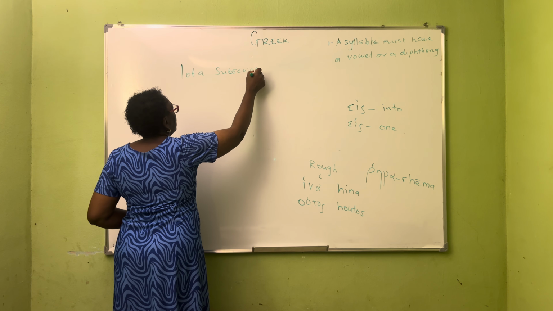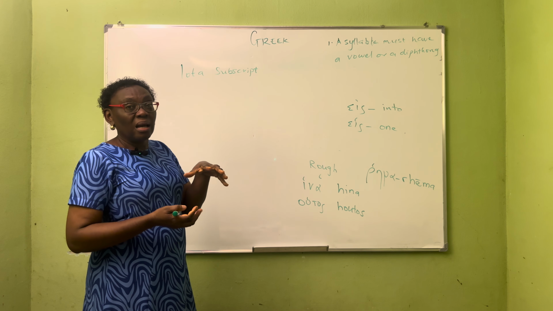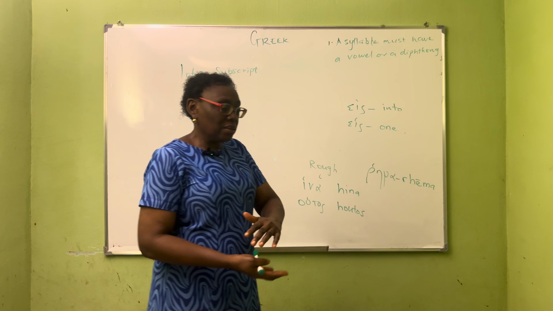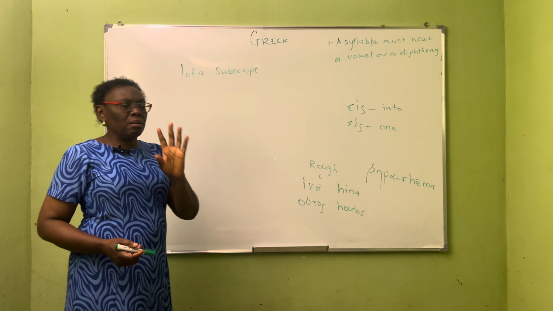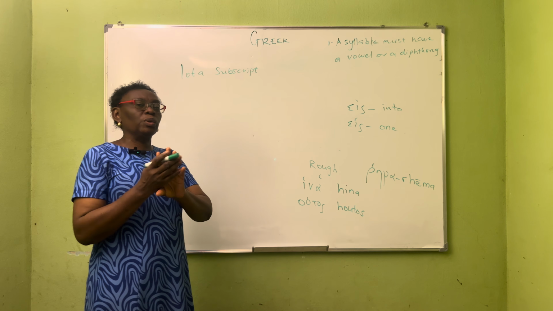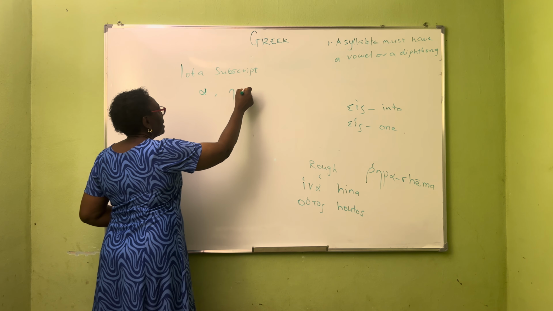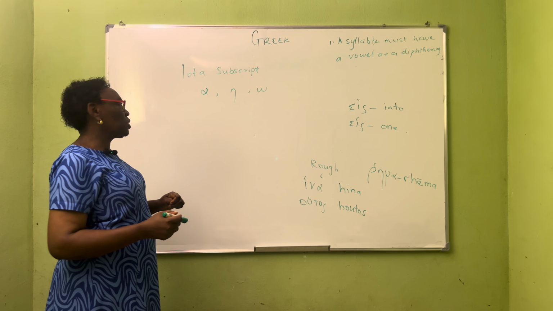Iota subscript. That means iota is written under another letter. Sub, under another letter. Now, in this case, three vowels in which we can find iota subscript are alpha, eta, and omega. These are our vowels, as we mentioned.